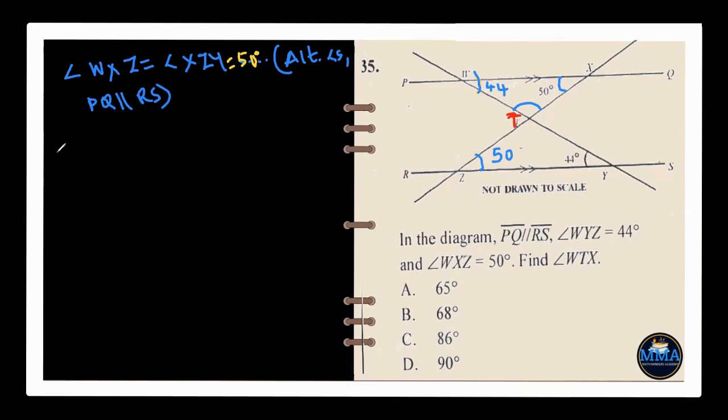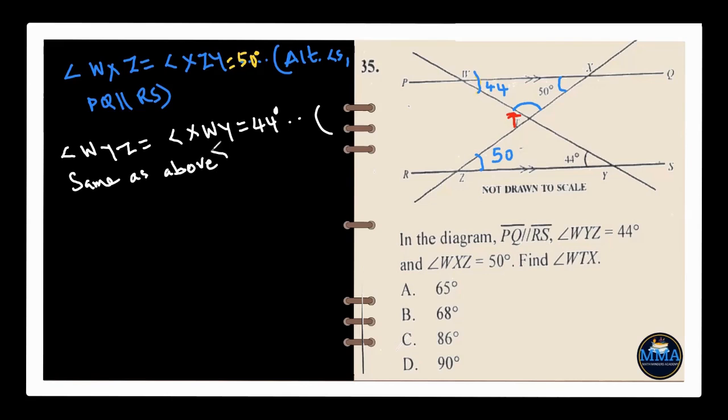So let's say again, angle WYZ is equal to angle XWY, which is 44 degrees. The reason, you can just say same as above, the same alternate angles as above. So with that, we have that.